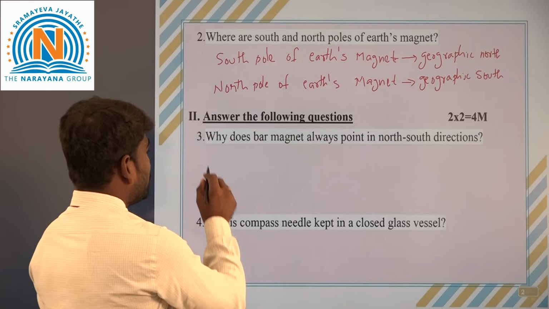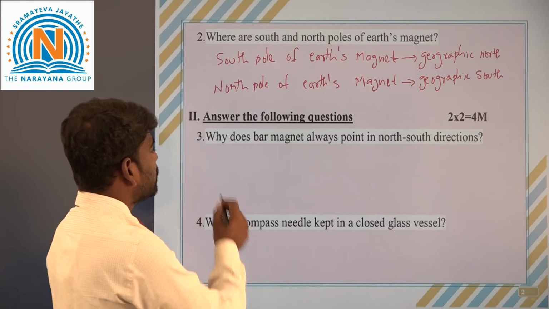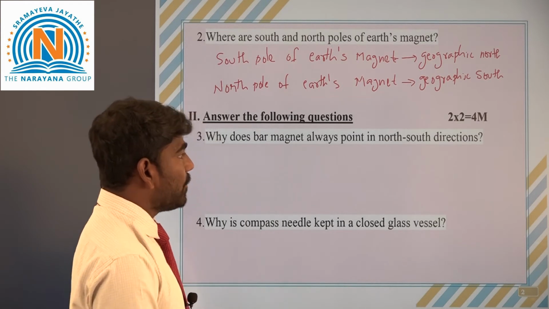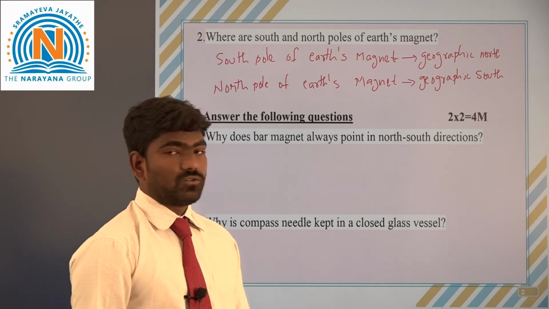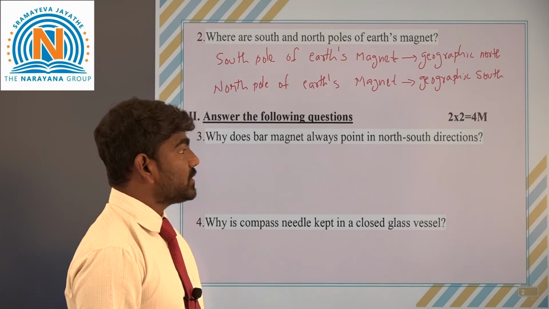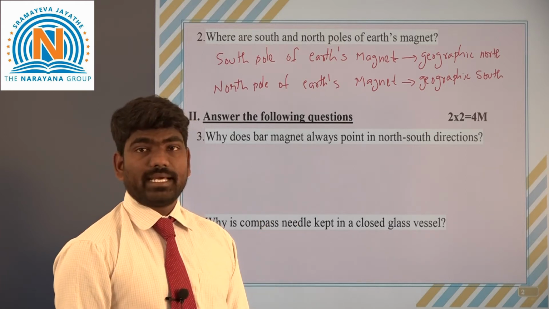Okay. Next, coming to the second Roman, third question. Why does a bar magnet always point in north and south directions?